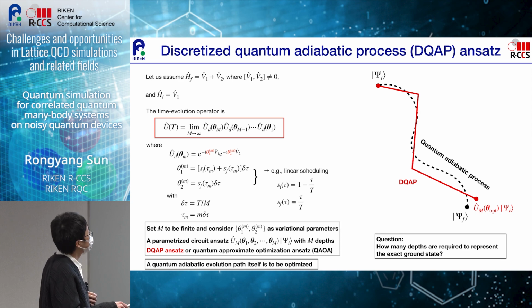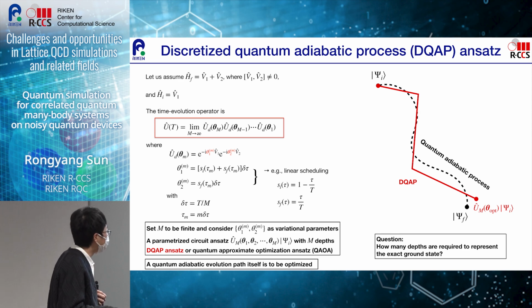After the optimization, your DQAP ansatz should provide a path similar to the quantum adiabatic process. And finally, your final state should be close to the solution.